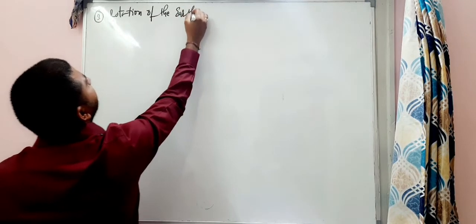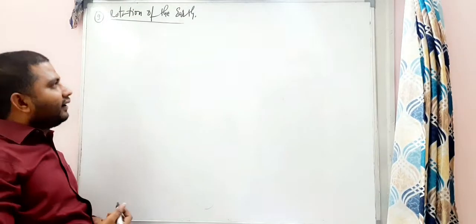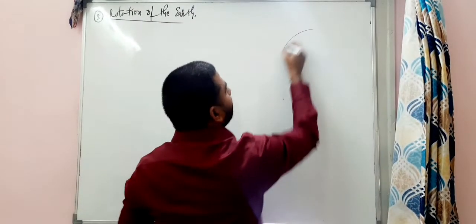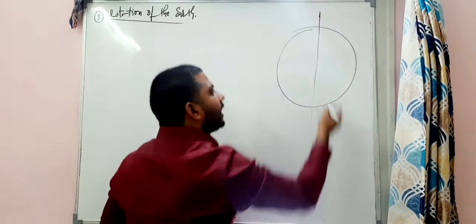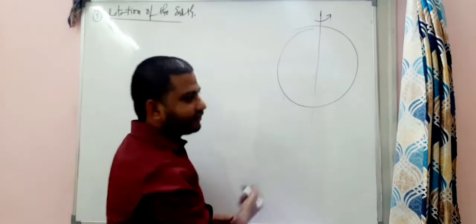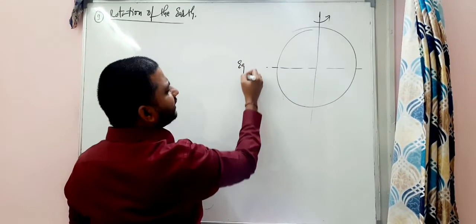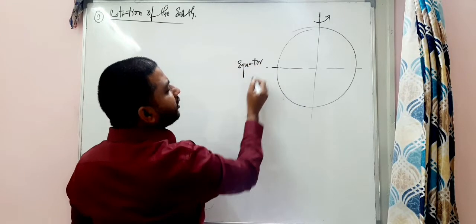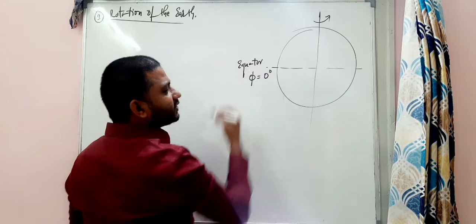Look here. This is the earth I'm considering, and this is the axis of rotation about which the earth rotates. And this is the equatorial region. I'm writing this is the equator, where the latitude is 0 degrees, my dear students.